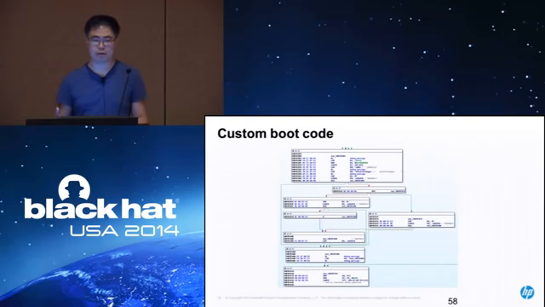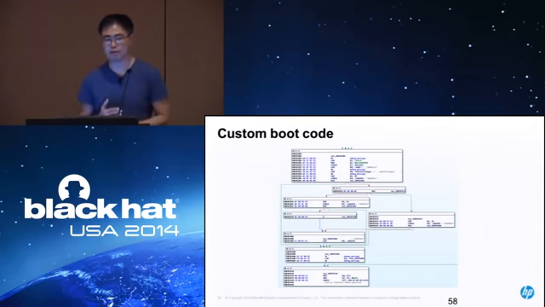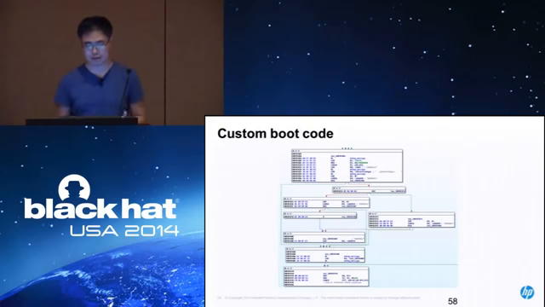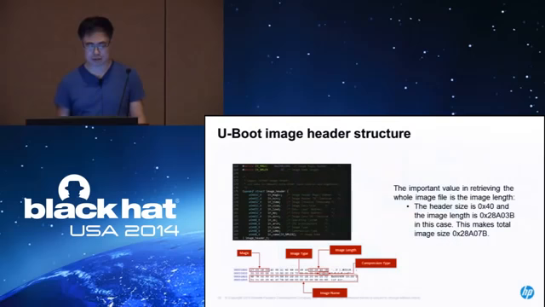But also, the vendors actually modify the U-Boot for their own use, and they put their own stuff. In this case, it's actually identifying each platform. There are different platforms like MX550 or MX570, and it is just identifying those architectures.